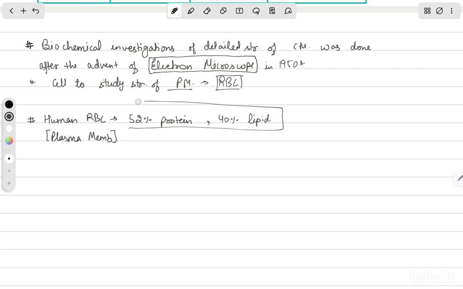This data is very important for NEET. It has been asked many times that human RBC contains 52% of protein or 40% of lipid, and if they want to make the statement incorrect, then it will be asked like 52% lipid, which is completely incorrect, right? It is 52% protein and 40% lipid.